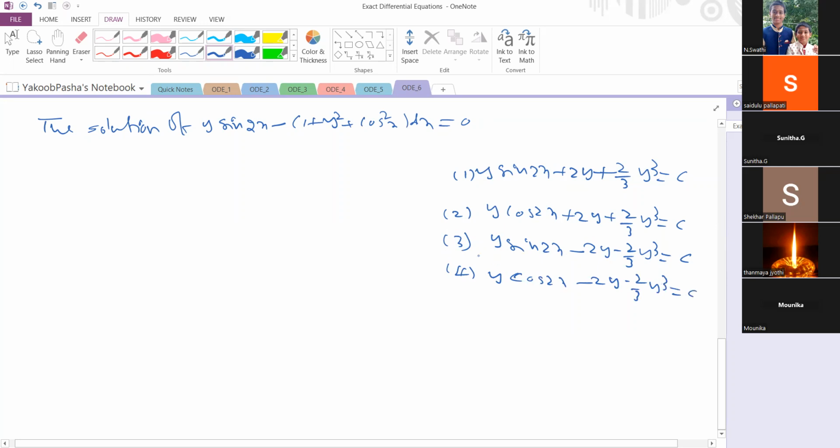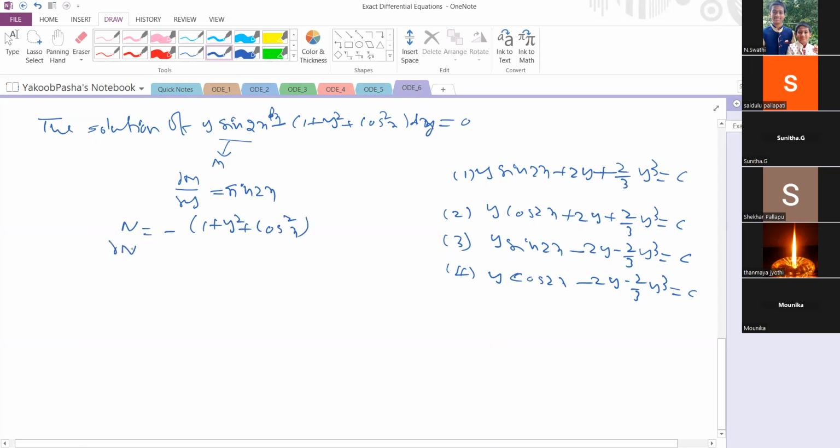Now here y sin 2x is the M value, and we find dou M by dou y. Here M equal to y sin 2x and dou M by dou y is equal to sin 2x. And here N is equal to minus of 1 plus y square cos square x.